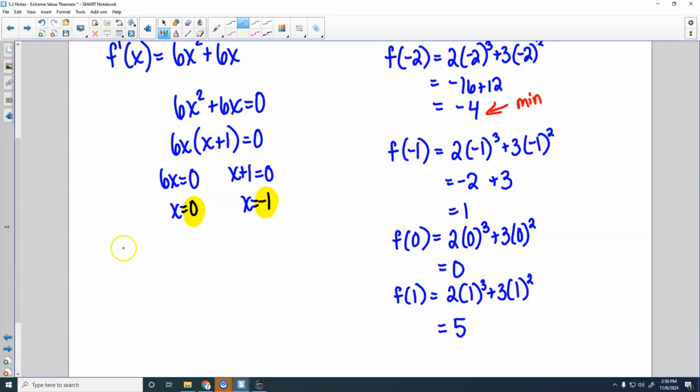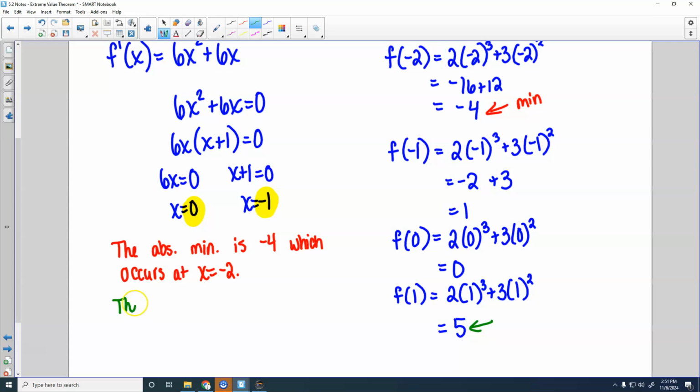So we would say the absolute minimum is -4, which occurs at x equals -2. And then our highest number is 5.